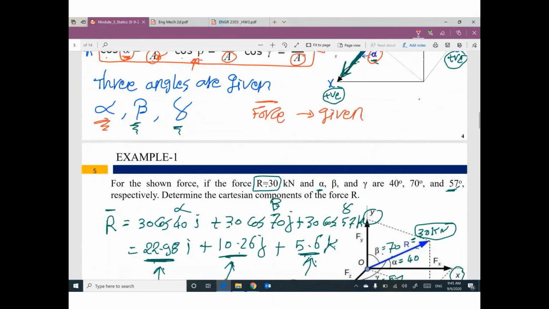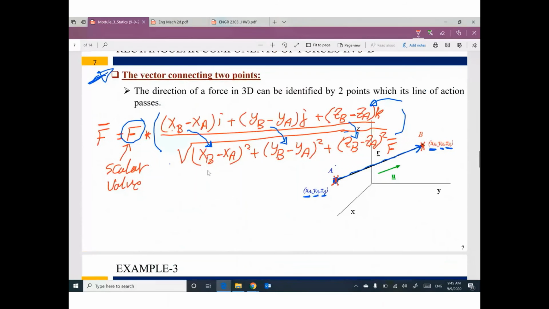Second case, we have a force passing through two points, and the coordinates of these points are given, or I can figure them out. So your force as a vector equals this force as a value times x coordinate minus x coordinate i, y coordinate minus y coordinate j, z coordinate minus z coordinate k, divided by these numbers squared under square root.